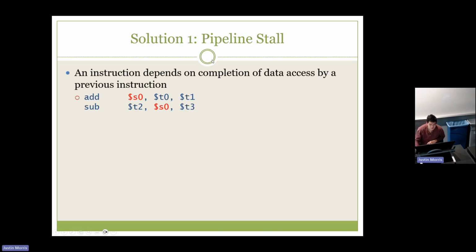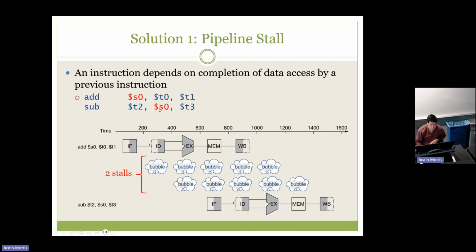So here is solution 1, pipeline stall. And again, we have this read after write, so we need to stall twice. So we have the add fetched, it's decoded, and in this second cycle, we fetch the sub.